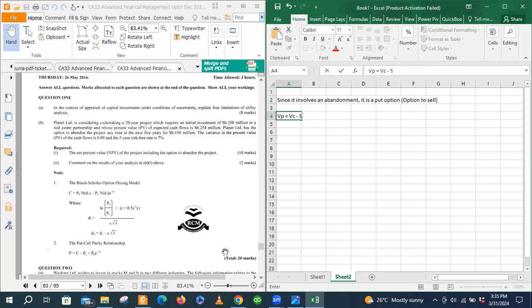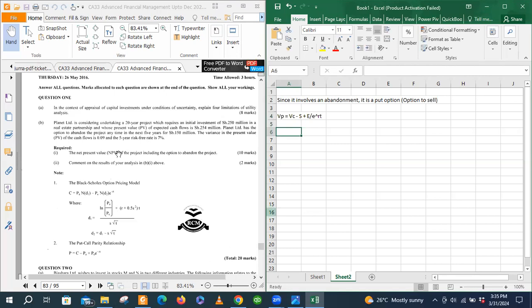Let me call it S, plus the exercise price. The exercise price, instead of doing exponential of RT, I can do divide by exponential raise to power RT, so that niweke kwa denominator, ni avoid hiyo negative.